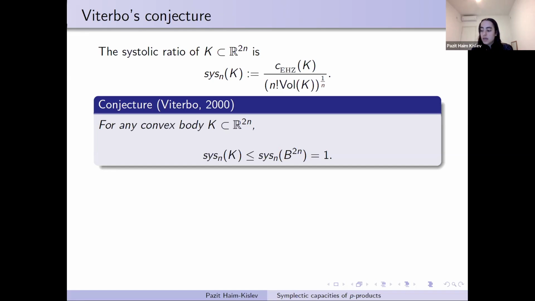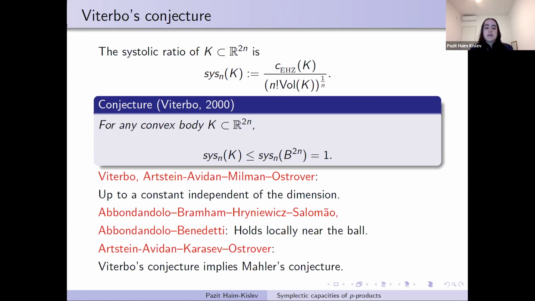Now this conjecture is very hard, as it's not true for star-shaped domains, and it's also not true for dynamically convex ones. So somehow convexity plays a crucial role here. What is known to this day about it is that it holds up to some constant independent of the dimension, and that it holds also in some small neighborhood of the ball.